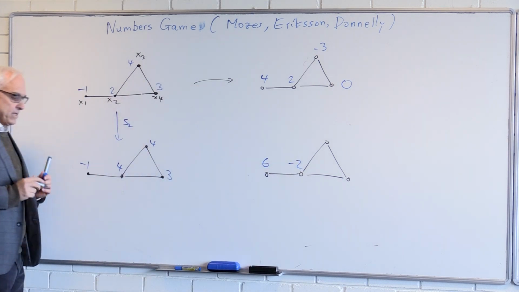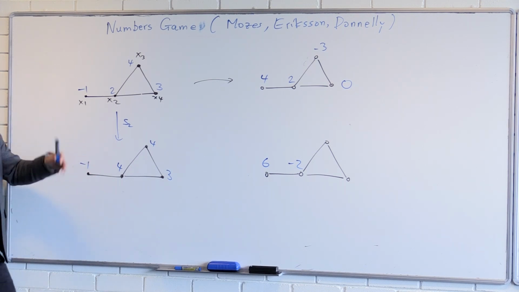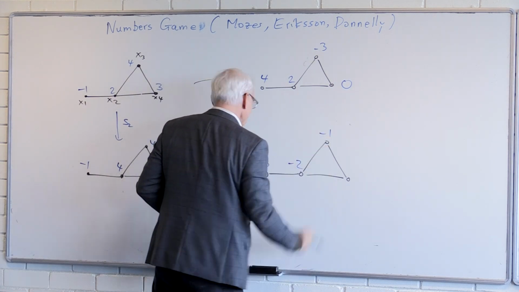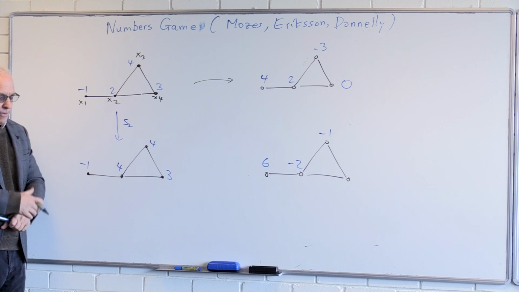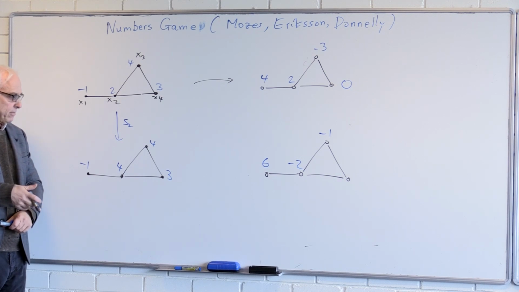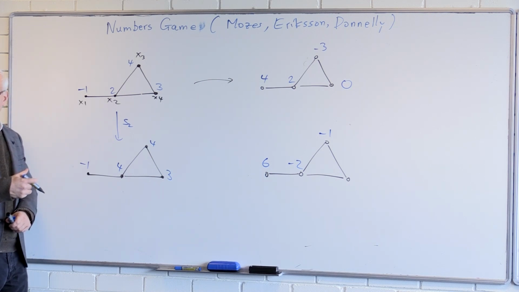If I did here, 4 goes to -4 plus 7 is 3. That'd be a change of -1. And here, 3 goes to -3 plus 8, which would be 5. So it would be a change of +2.